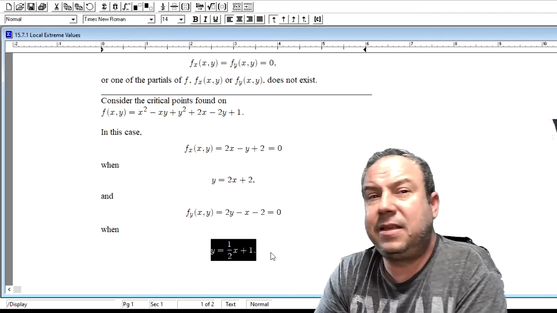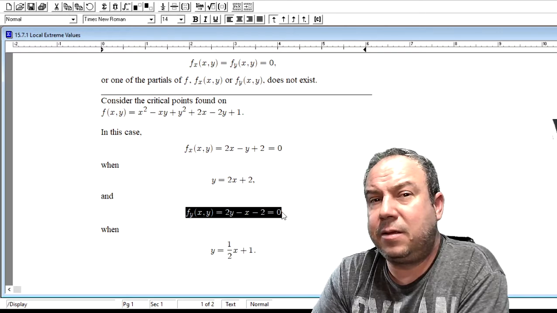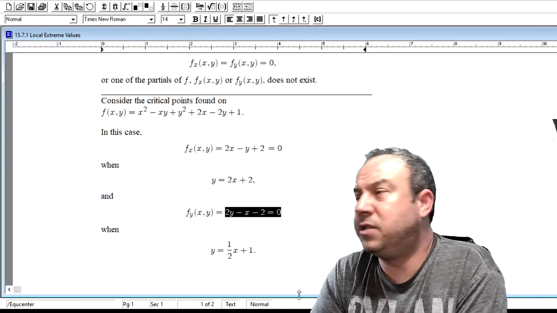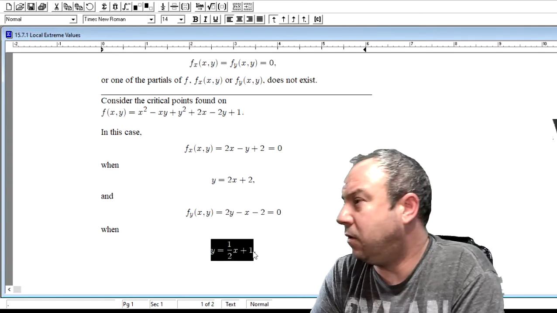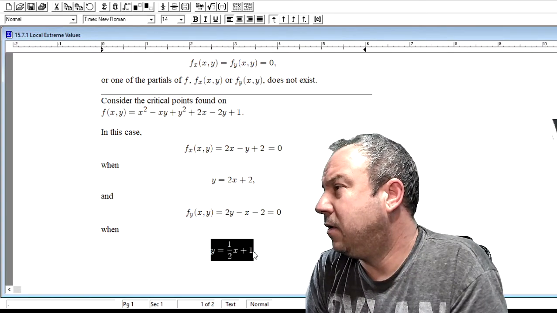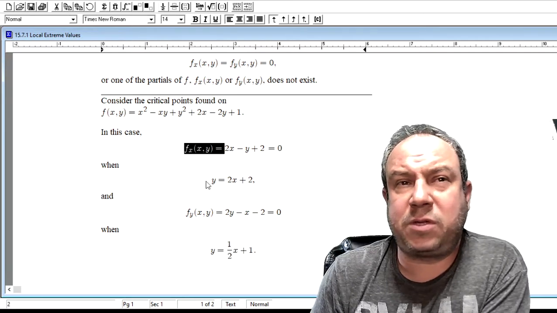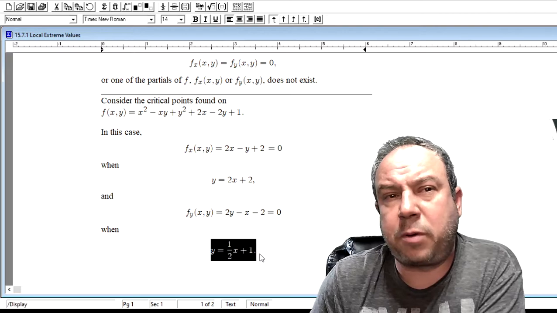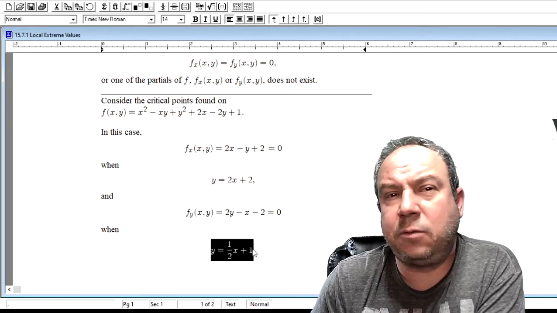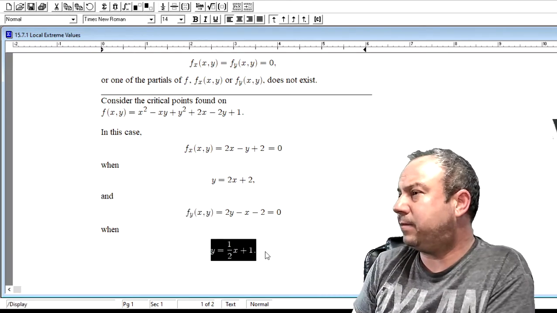Solving that partial set equal to 0 for y yields this result for y. So this is where our first partial of f with respect to x equals 0, along that line. And this is where our first partial of f with respect to y equals 0, along this line.